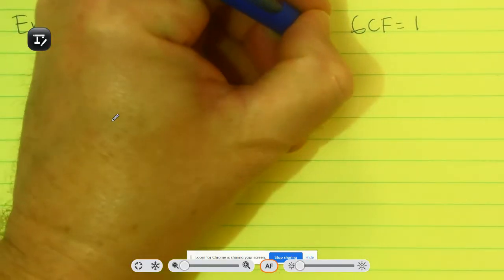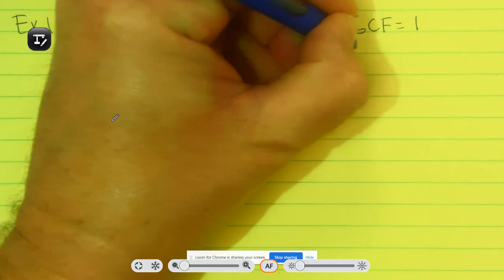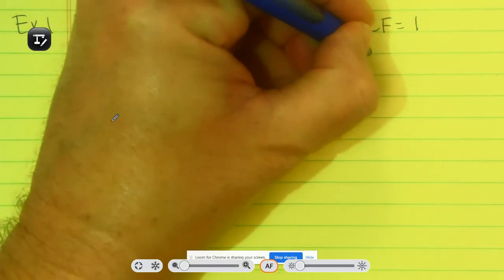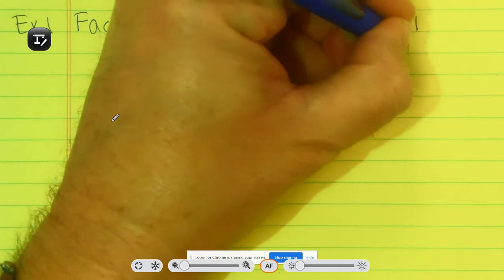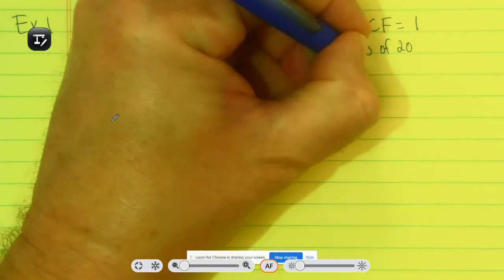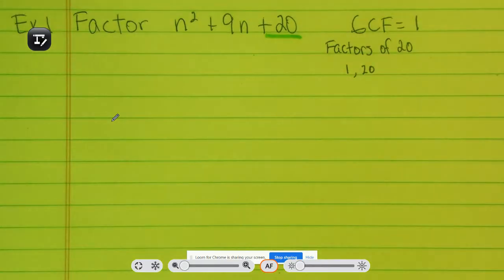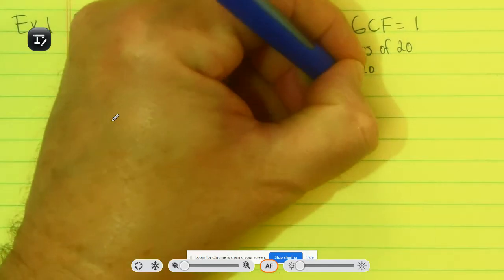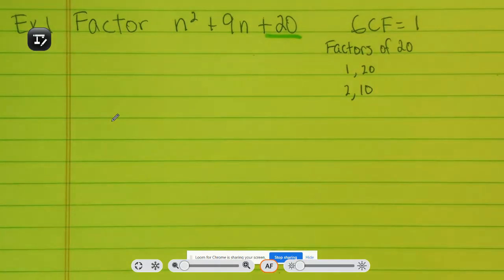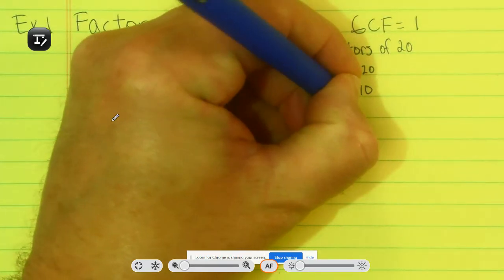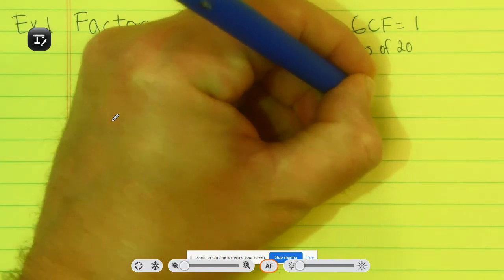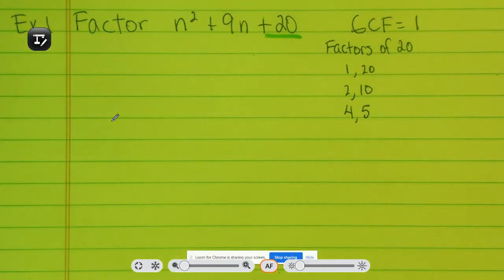Okay, so if I think about it, factors of 20, numbers that multiply together to be 20 are 1 times 20, 2 times 10, 3 times, no, nothing will give me 20, 4 times 5, and the next would be 5, so I'm done with those factors.